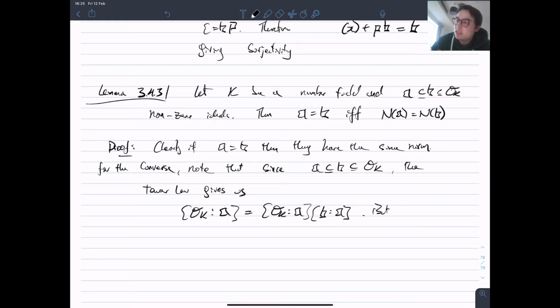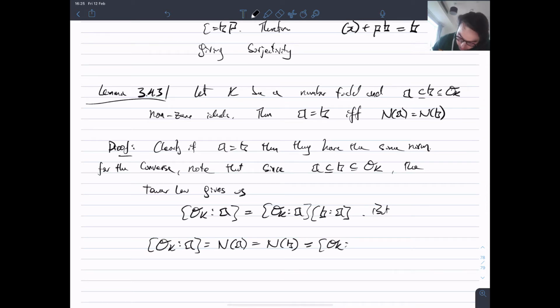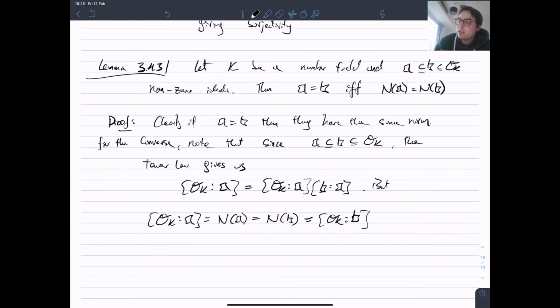But just notice that clearly by definition this degree is exactly the norm of A, which by our assumption is now the norm of B because we're doing the converse, which is the same thing as OK to B. And so we have this number and this number being the same, so this thing has to be 1, so these group ideals have to be the same. So it goes on, giving the result.